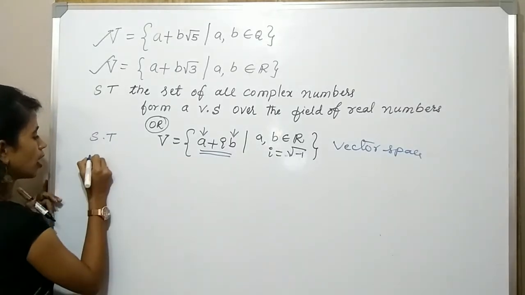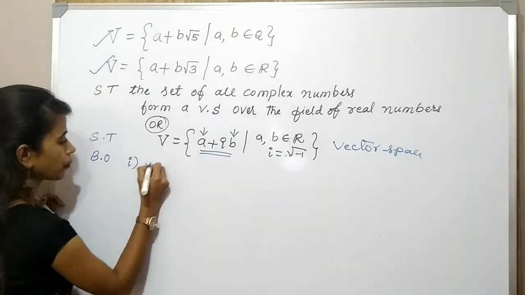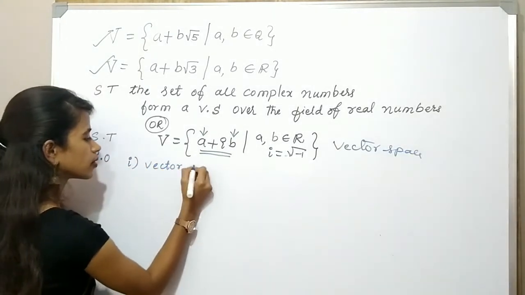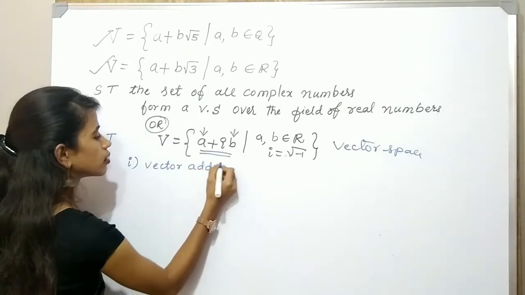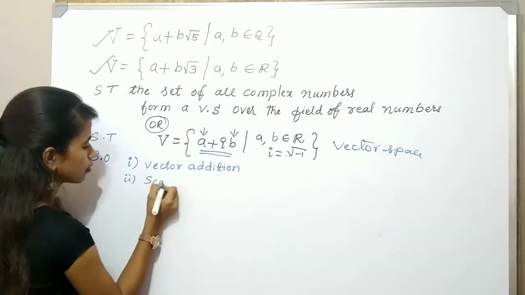For that, what are the binary operations? First one, vector addition. Second one, scalar multiplication.